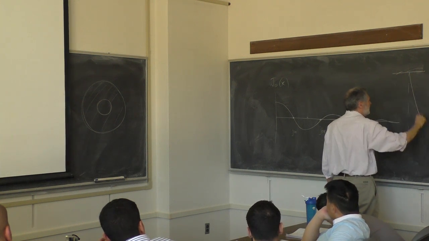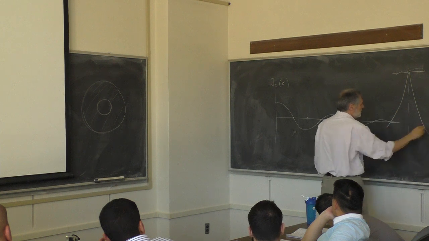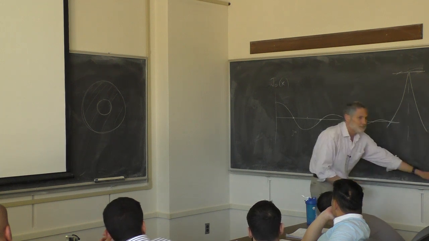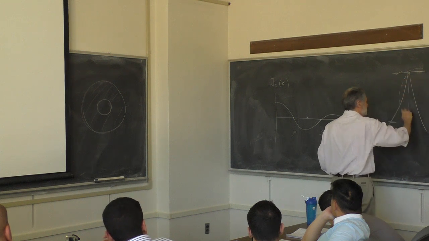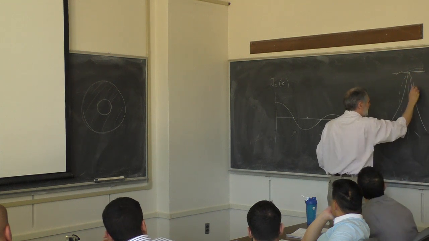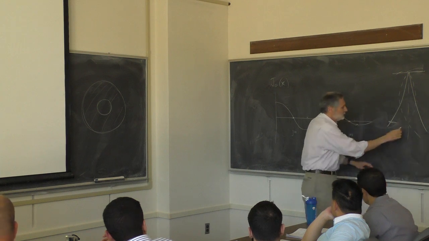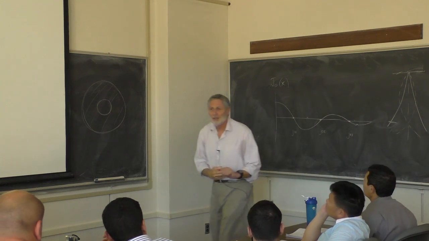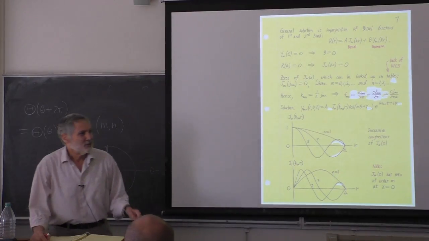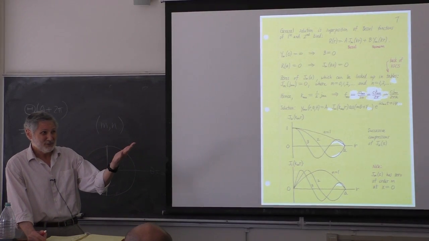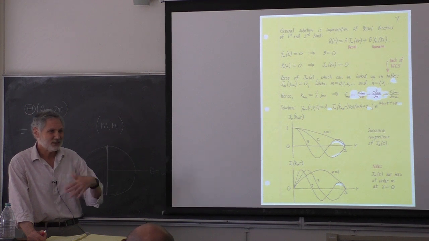It's going to look something like this, going back and forth. There's no mass on the end. There's going to be one that looks like this, where there's one node there, etc. He wanted to find those modes. Do you think those are Bessel functions? They're not. He made a transformation.